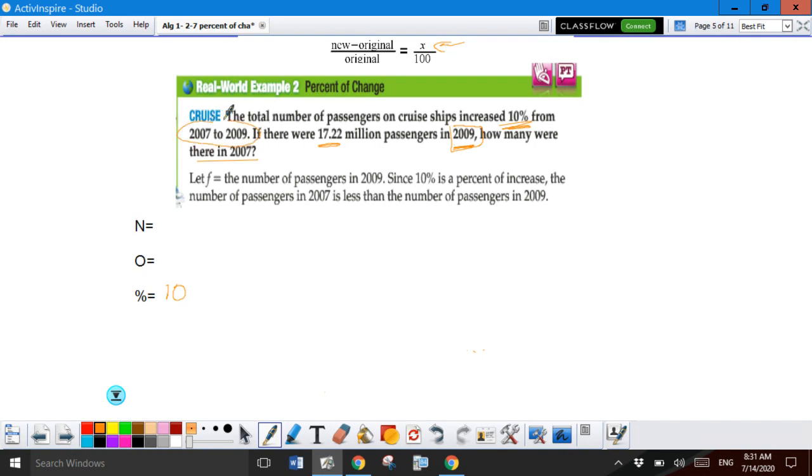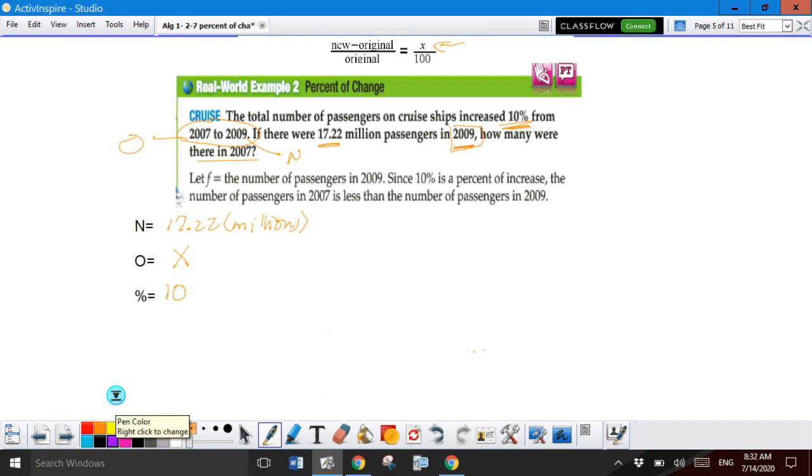Well, if I look at my data, it's talking 2007 to 2009. So 2007 is going to be the original. 2009 is going to be the new. So 17.22, I have to remember this is in millions. I'm going to have to remember that as I finish this up. I do not know what the original is.